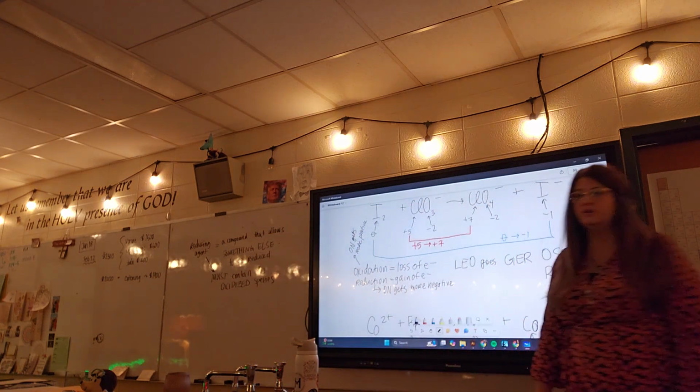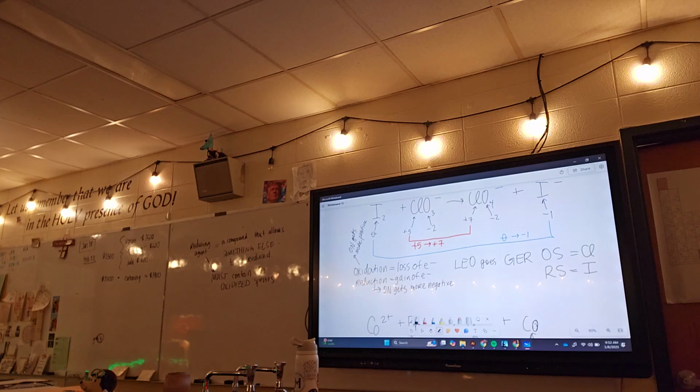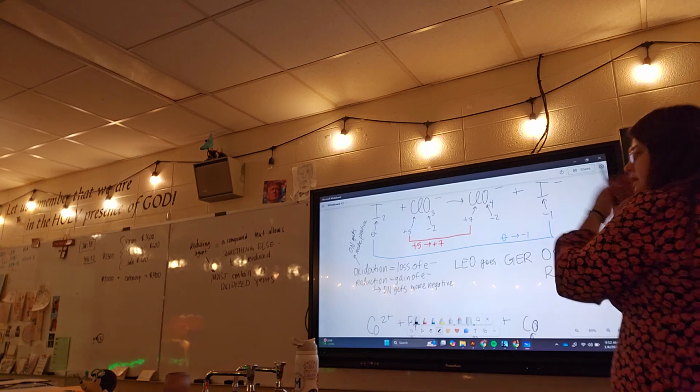Because what do you do when you're reduced? In order for something to be reduced, it has to gain electrons. So the substance that allows reduction to take place is the thing that produces those electrons that can be gained. In order to produce electrons, you have to be oxidized.